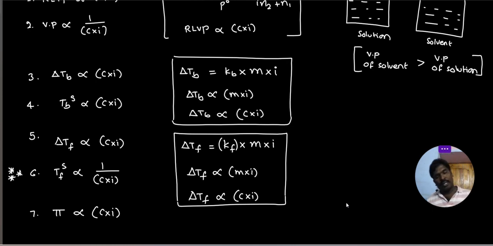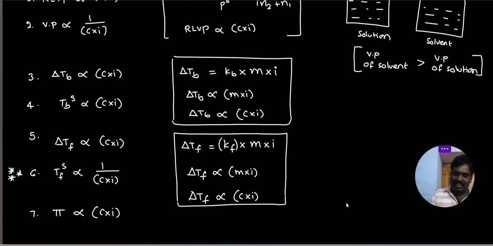Delta TB and boiling point of the solution are both directly proportional to C into i. Depression in freezing point is directly proportional to C into i. Freezing point of the solution is inversely proportional to C into i. Osmotic pressure is directly proportional to C into i. These are very important relations. Everyone please focus. Very important for NEET-JEE.